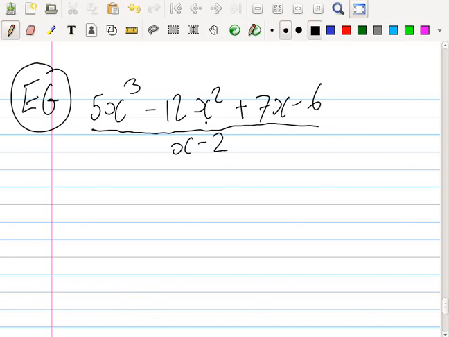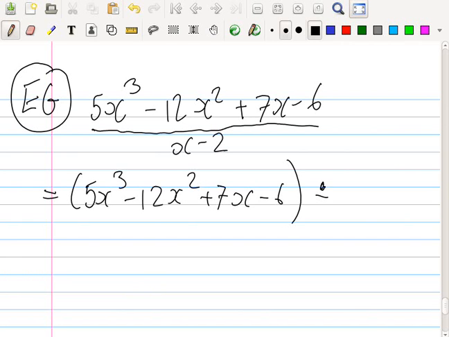Now that looks really complicated, but actually it's not really, because when you think about it, all a fraction really is is a division. So I can rewrite this like this. It's a fraction, but a fraction is just division. Like 4 over 2 is the same as 4 divided by 2. So now you realize this problem of simplifying can be changed into a long division.